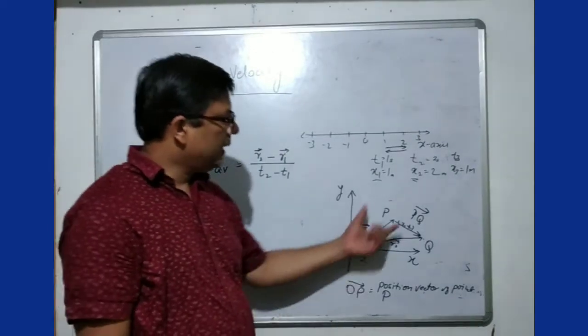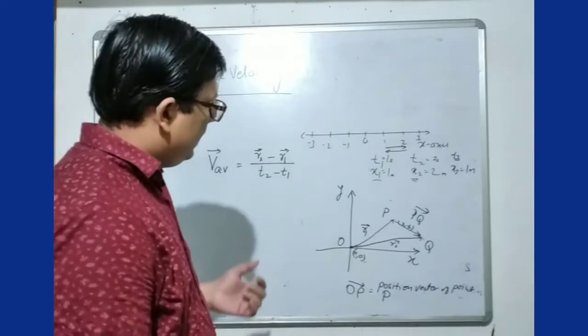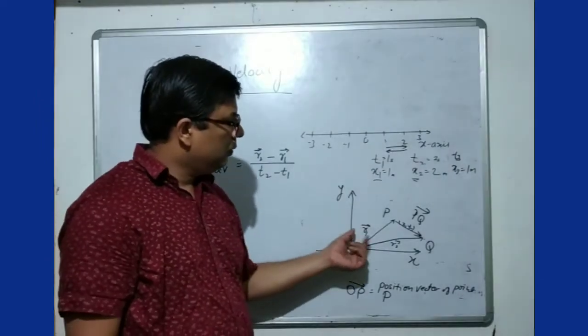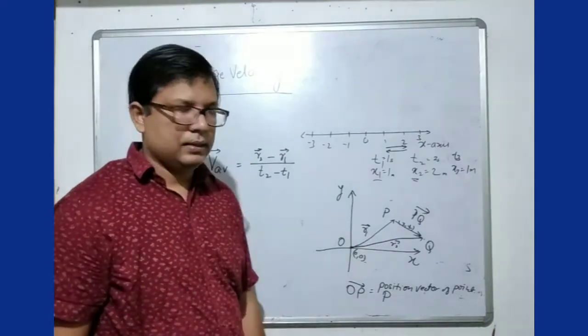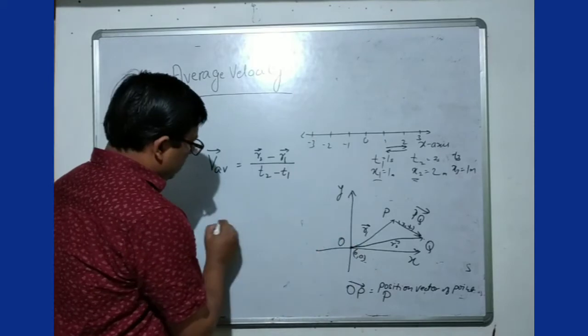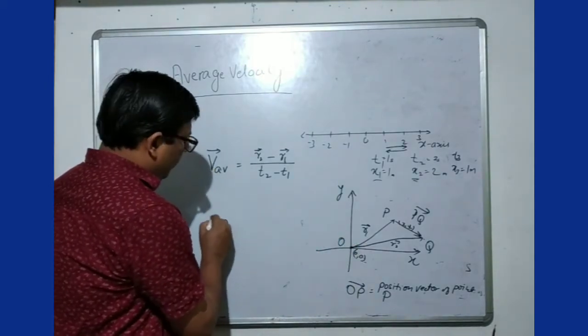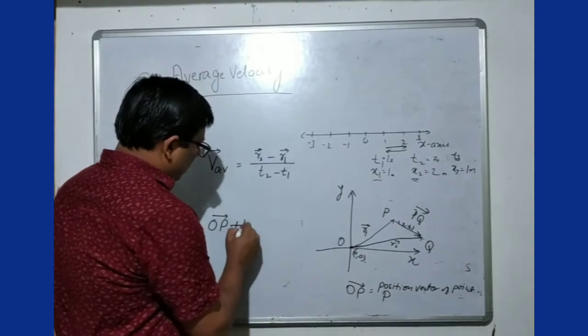Now how can you write this PQ in terms of position vectors? We know the principle of addition of vectors, and from there we can say OP vector plus PQ vector.